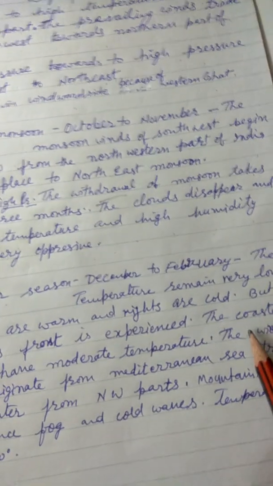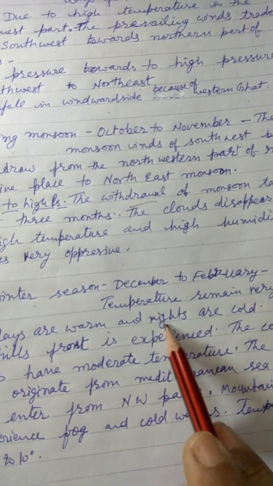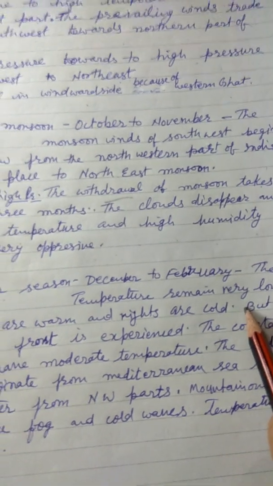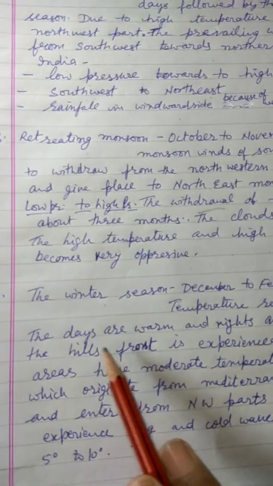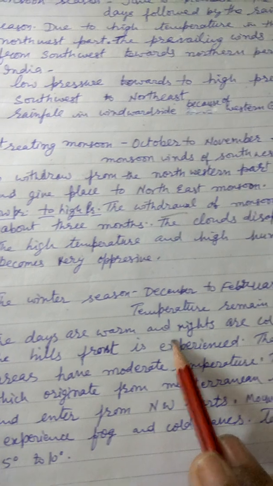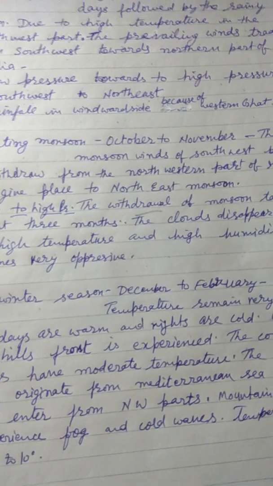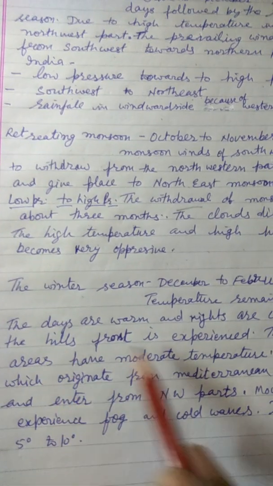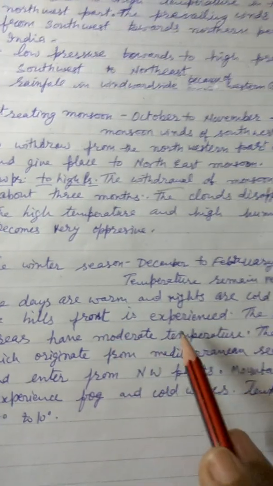The winter season, December to February: temperature remains very low. The days are warm and nights are cool. In the hilly areas they have fog and frost.